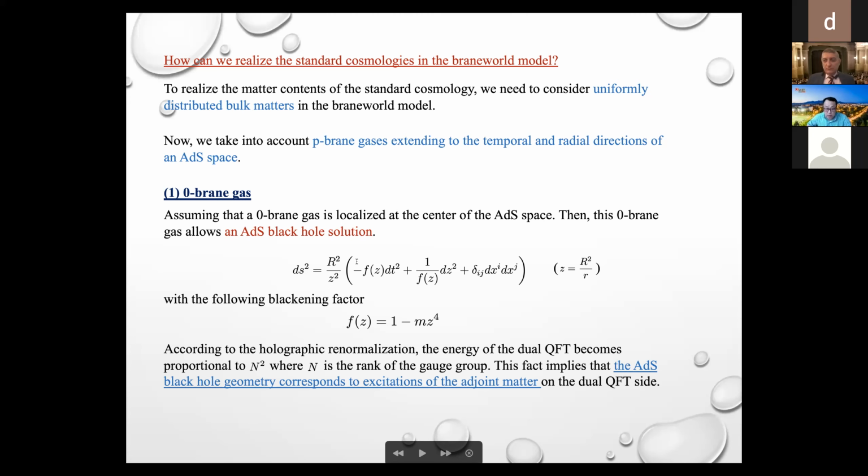This is a typical metric of the AdS black hole. Here, this nontrivial blackening factor depends on this brane gas, the zero-brane gas. So if we consider zero-branes, we obtain the usual AdS black hole.